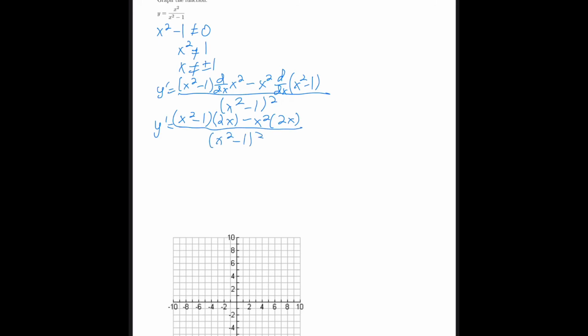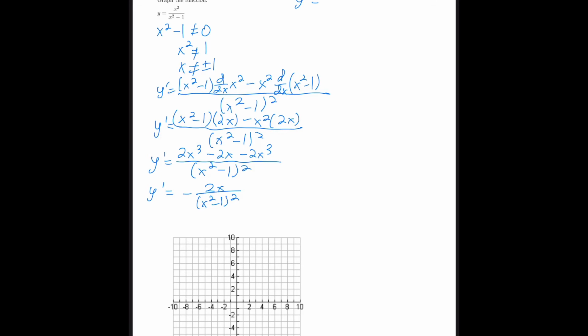Okay, so that's x squared minus 1 times 2x minus x squared times 2x over x squared minus 1 squared. So that's y prime equals 2x cubed minus 2x minus 2x cubed over x squared minus 1 squared. So that's y prime equals negative 2x over x squared minus 1 squared.